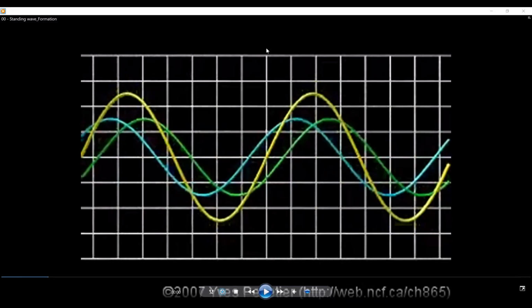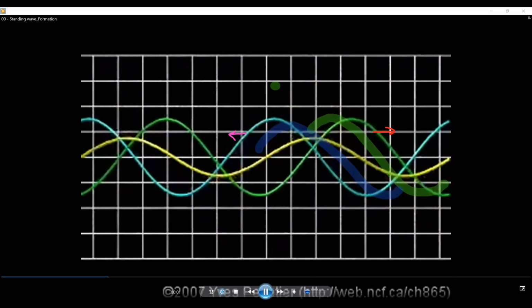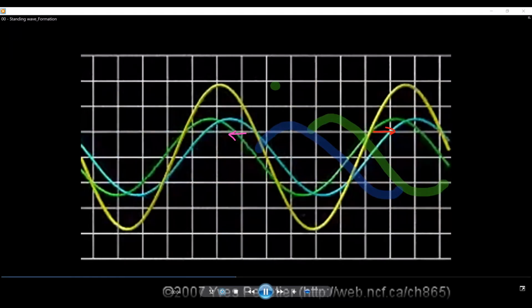Now for the green colored wave, this one here, you will notice that it will actually move towards the right once I resume playing the video. Whereas the blue colored wave right over here will actually move towards the left when I resume playing the video. So right now, let's just look at the motion. You can see green moves to the right, blue moves to the left.